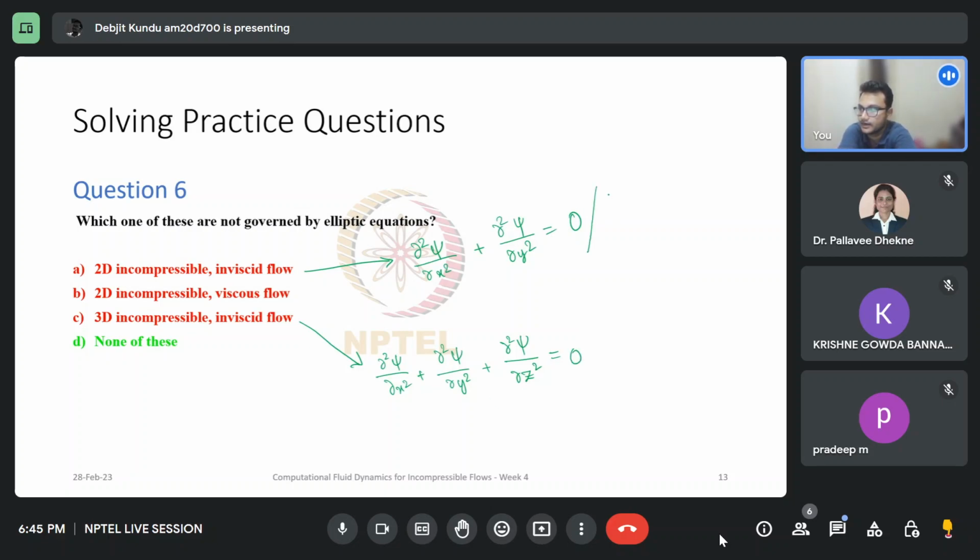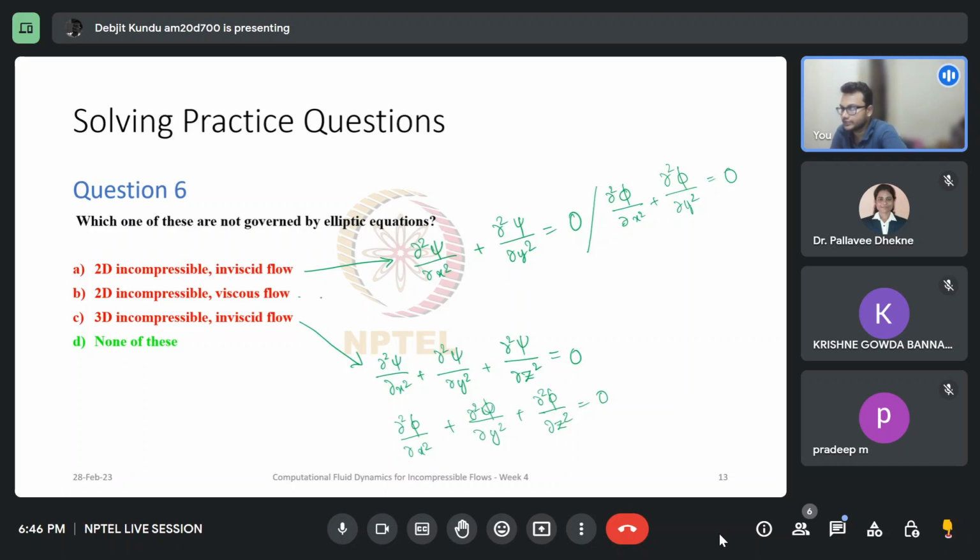This can be formulated using a velocity potential as well instead of using a stream function. It works both ways, so both ways would give you the correct governing equation. So for this 3D also we can do a similar thing. We can define a velocity potential and then take partial double derivatives in all the three dimensions of the flow. Simple, right? Nothing sketchy, and all of these are elliptic equations.